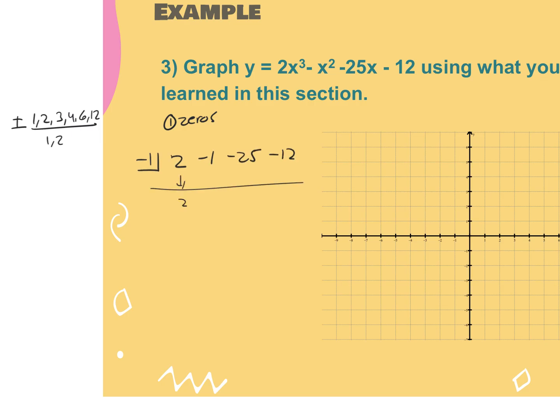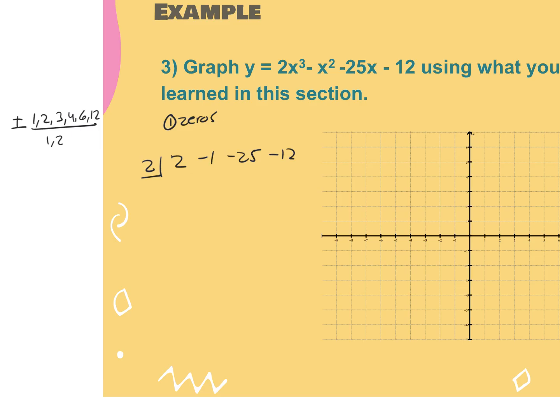Bring down 2, -2, -3, 3, -22, and 22. That also doesn't work. So let's try 2, which is in our possibilities. Let me bring down that 2. It's going to be a 4, 3, 6, -19, and that's going to get you -38, and that doesn't get you 0.